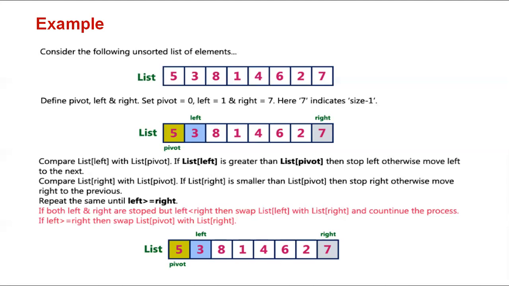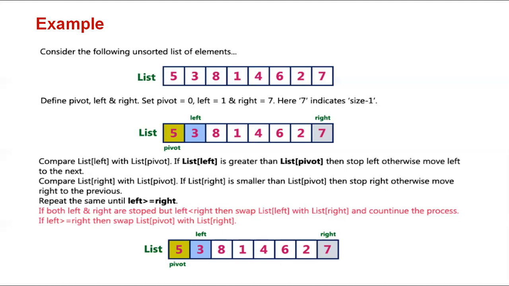If list of left is greater than list of pivot, then stop left, otherwise move left to the next. Clear? Otherwise, compare list of right with list of pivot. If list of right is smaller than list of pivot, then stop right, otherwise move right to the previous.